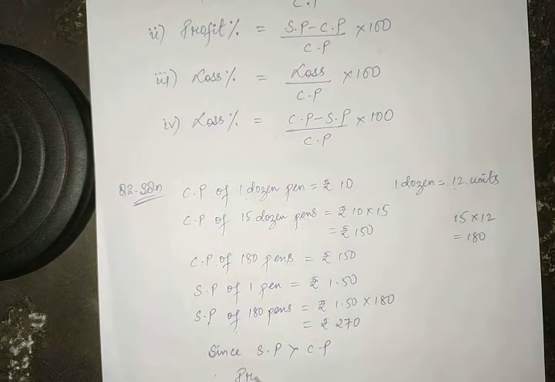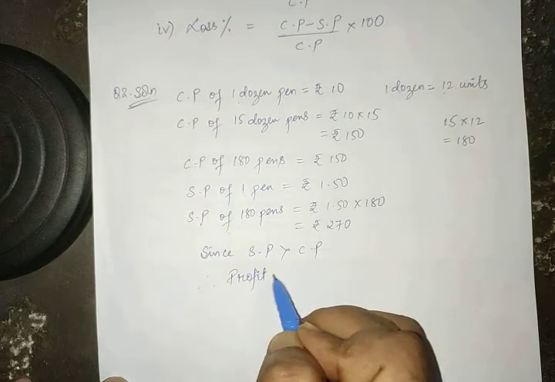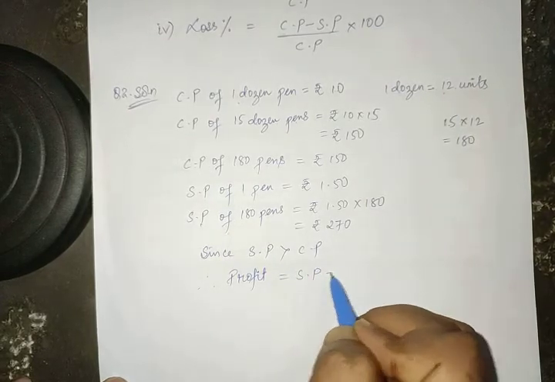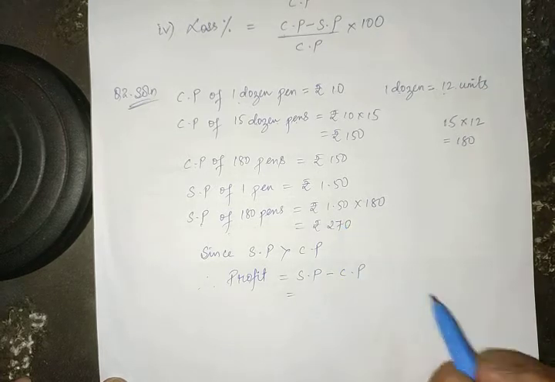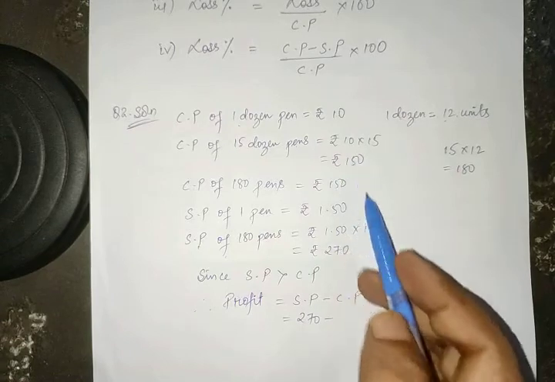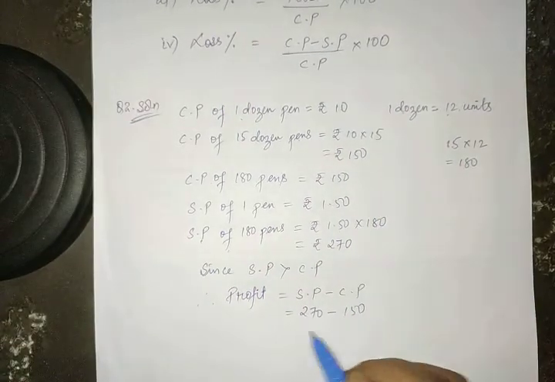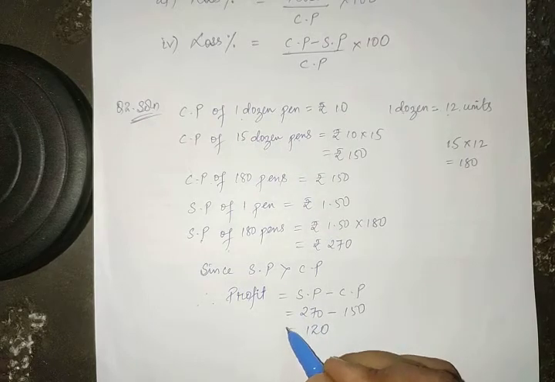And how to find profit? The formula for profit is SP minus CP. The selling price is 270 minus the cost price, which is 150. So 270 minus 150 is 120. This much profit he made.